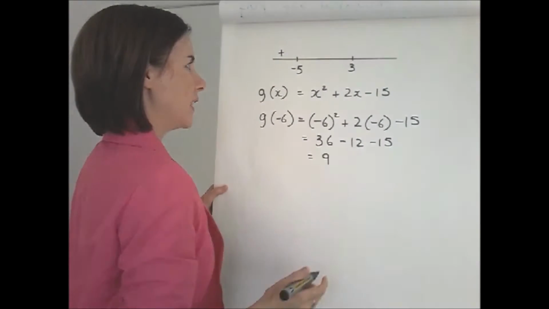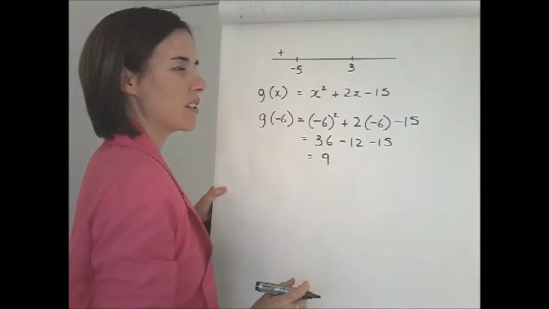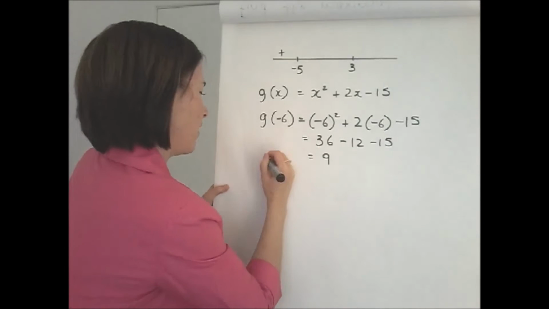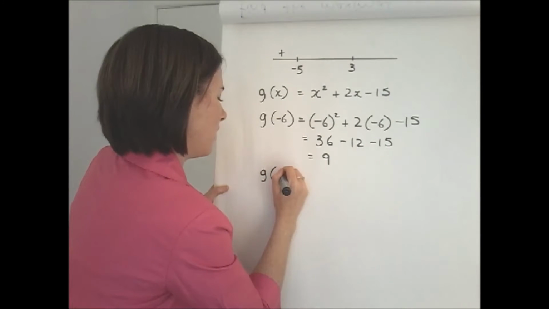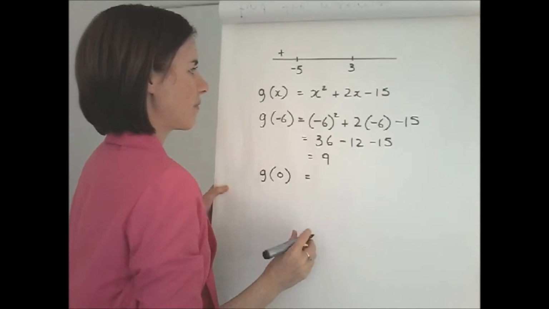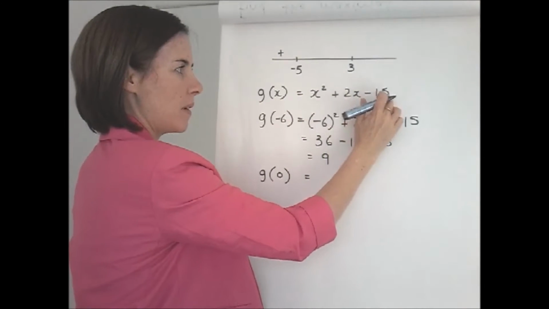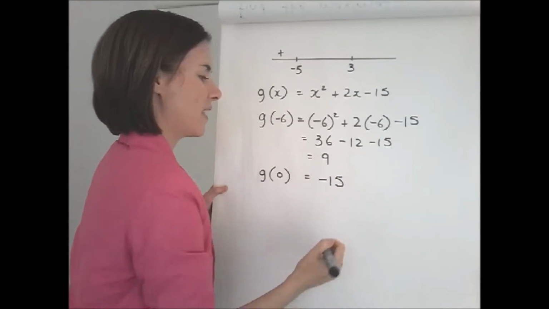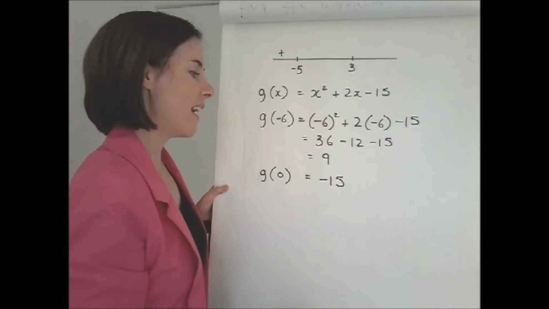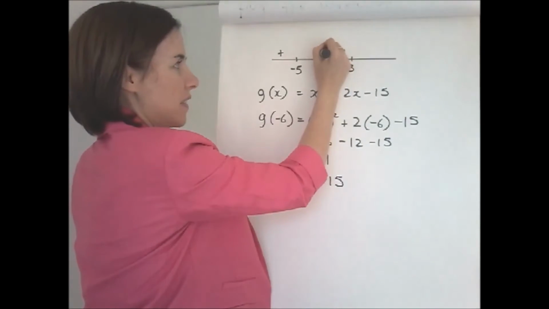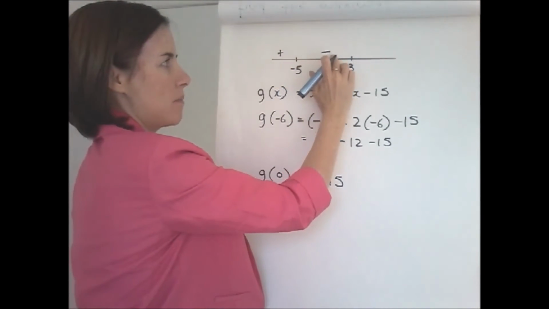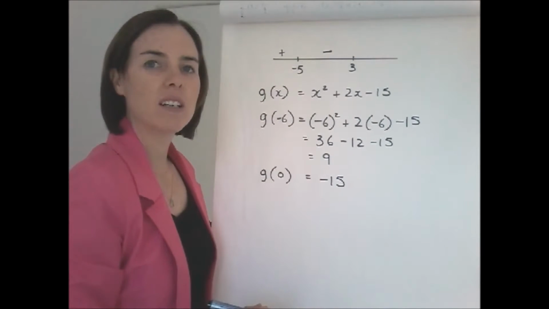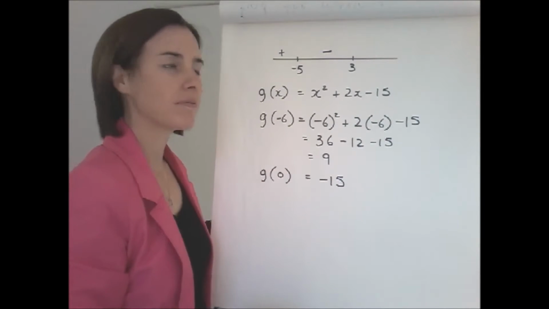Now I'll test the middle region. I'll use 0. 0 is in between negative 5 and 3, and I'll put that into g of x. 0 plus 0 minus 15, nice and easy. That's a negative number, so every other number in between negative 5 and 3 will also be negative.